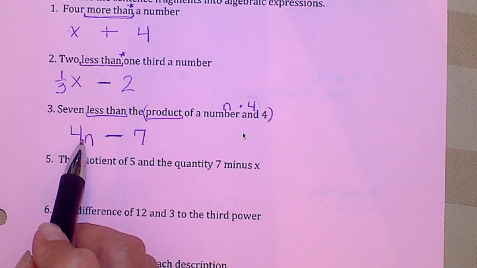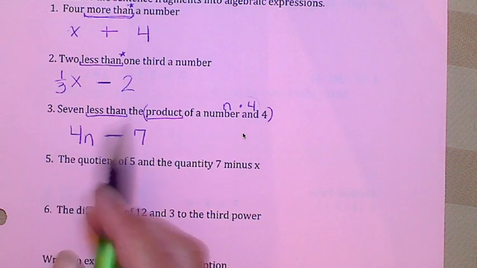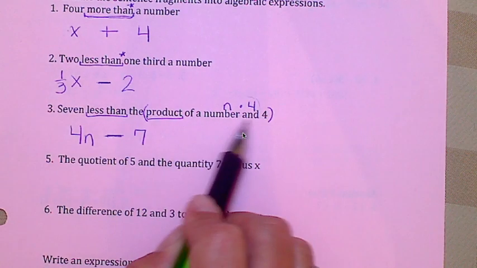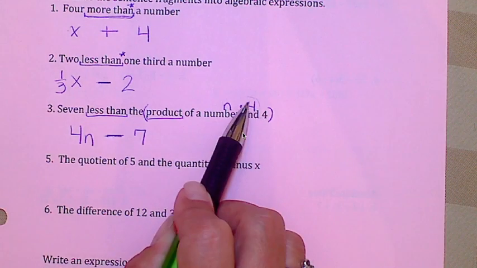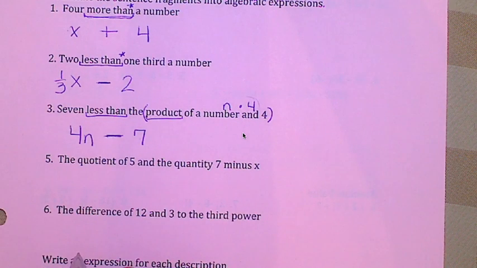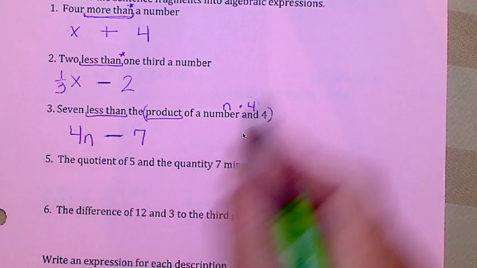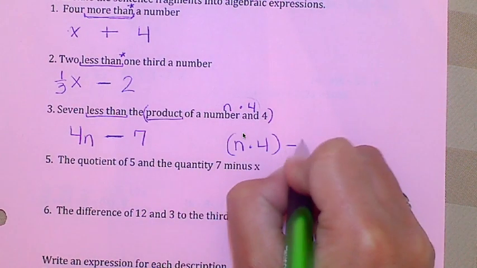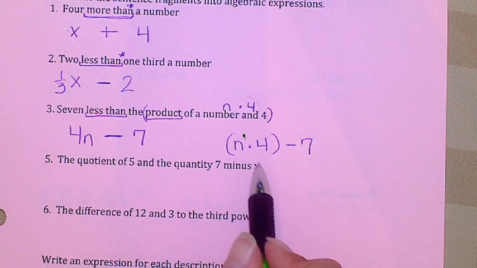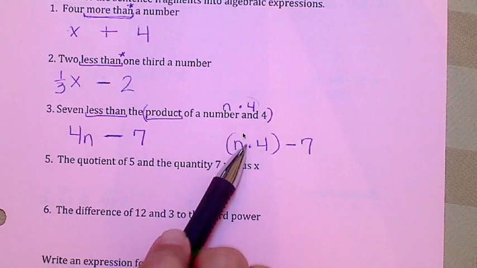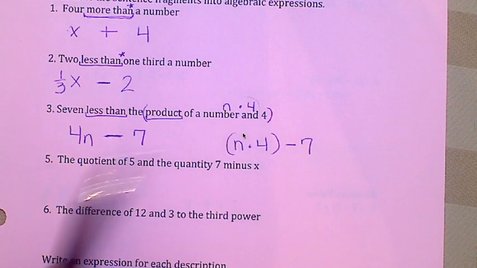So it's still the product of a number and 4. So this would be another time, I guess, when instead of writing it in that exact order, you would put the coefficient in the front where it belongs. Okay. Now, if you wrote this n times 4 minus 7, I would not take off for that. But we're moving in this direction where we don't use the dot unless we have no other option.